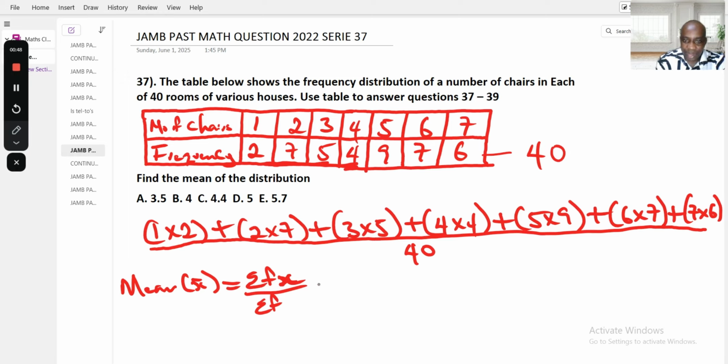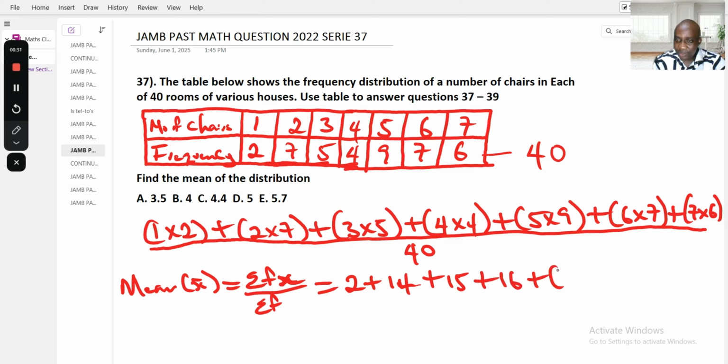Now let's multiply and add everything up. This is the formula. 1 times 2, 2. 2 times 7, 14. 3 times 5, 15. 4 times 4, 16. 5 times 9 should be 45.